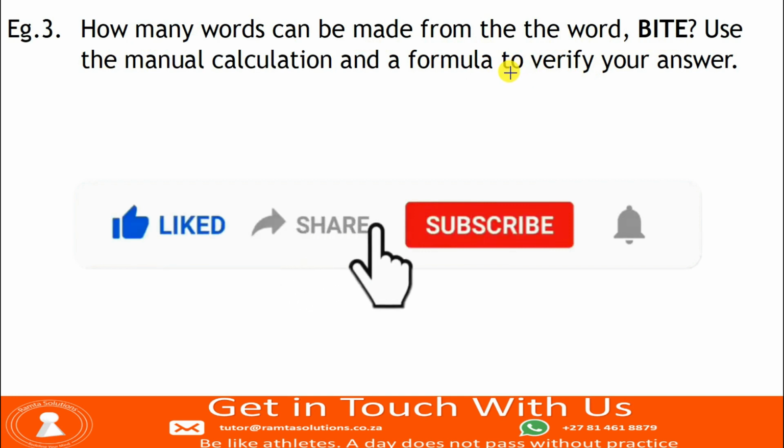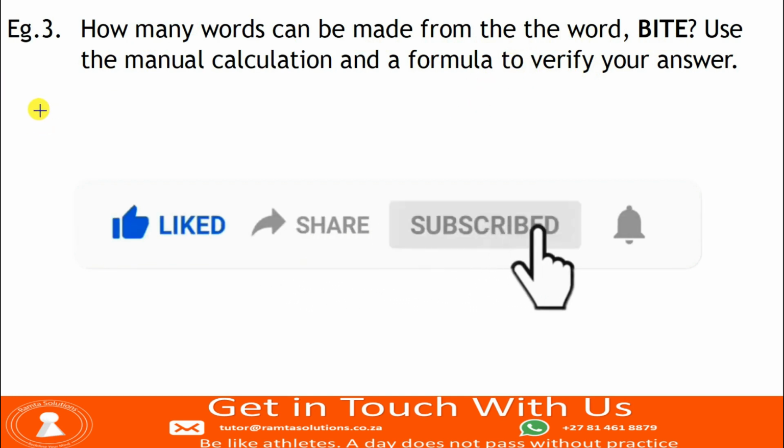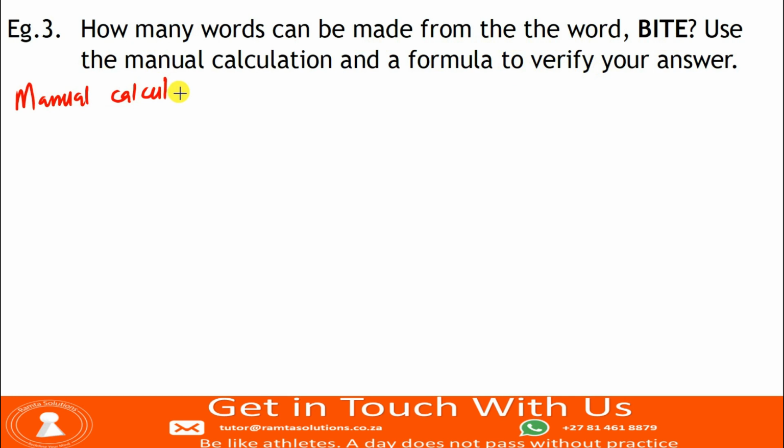Now, let's think about this. Bite. I'm going to say manual calculation. So manually, we can have B, I, T, E, bite itself.